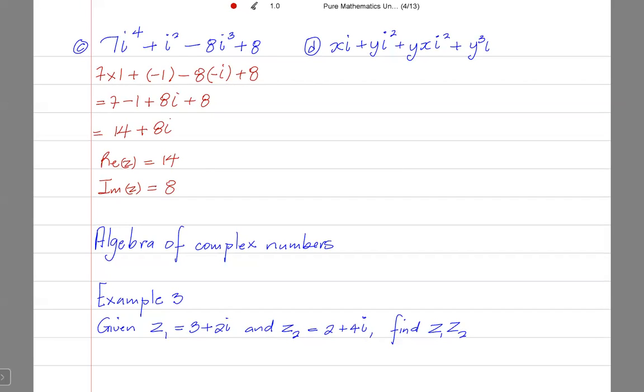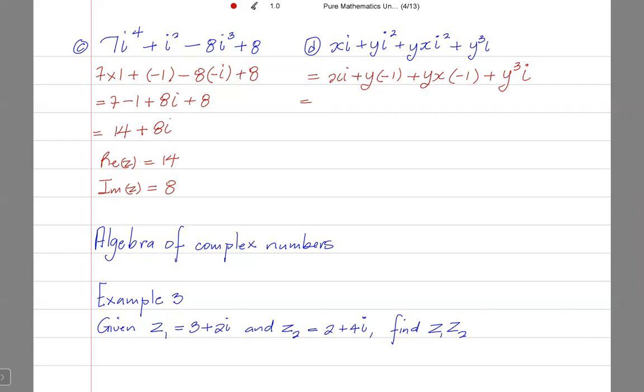All right, so here we have xi. This is plus y times i squared, which is minus 1, plus yx times i squared, which is minus 1, plus y cube i.